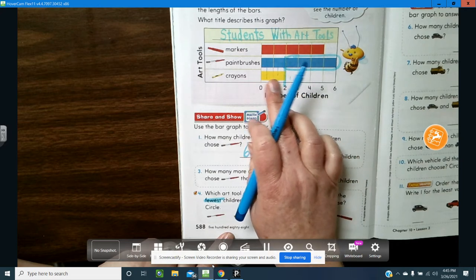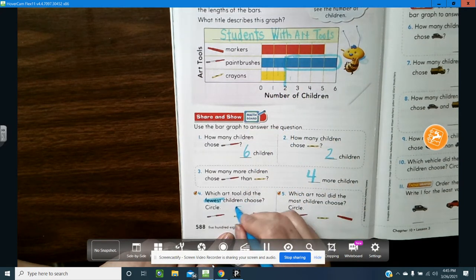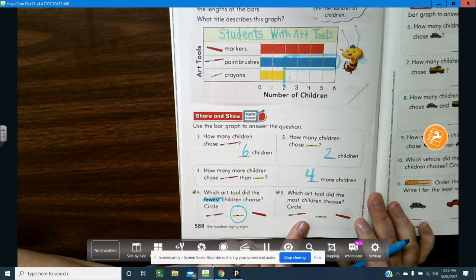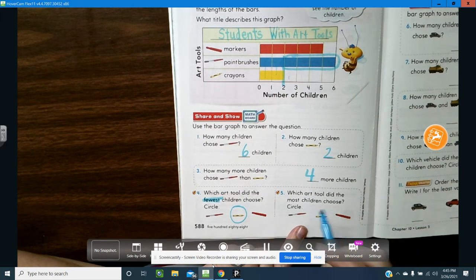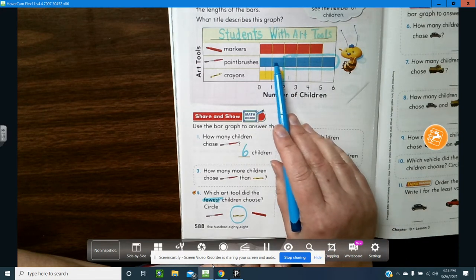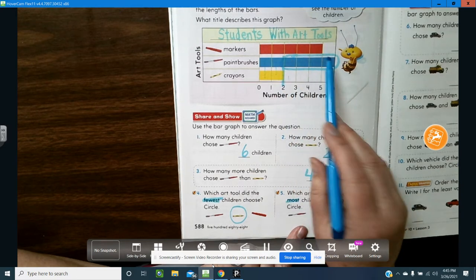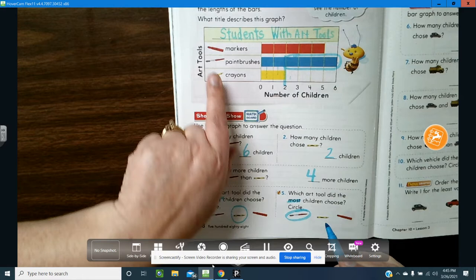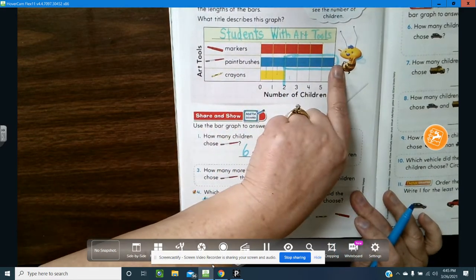But way down here on crayons was the fewest number. Number 5 says, which art tool did the most children choose? Here's the word most as our clue word. If you look up here, which one of these is the biggest bar? The one where the most. That's right, it's paintbrushes. Paintbrushes have the most.